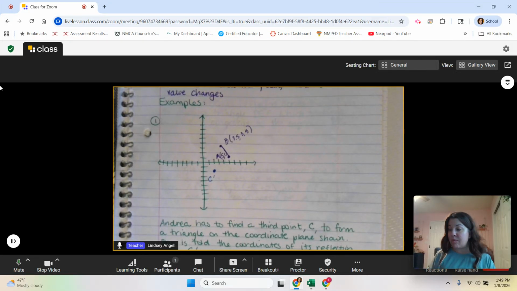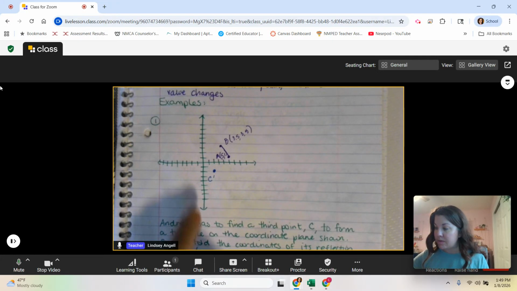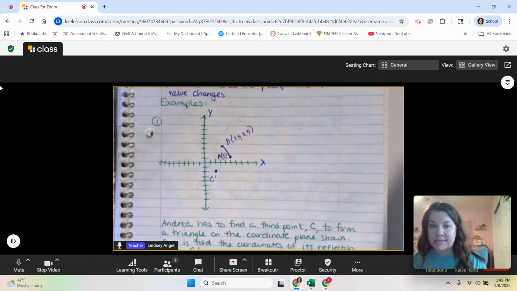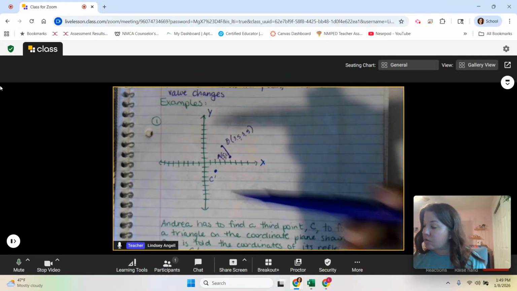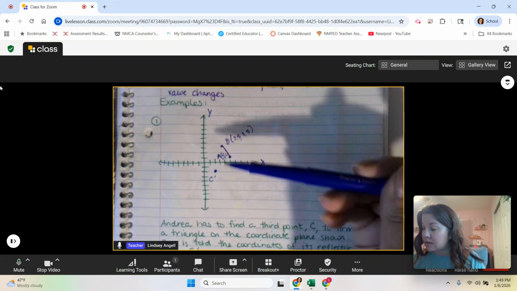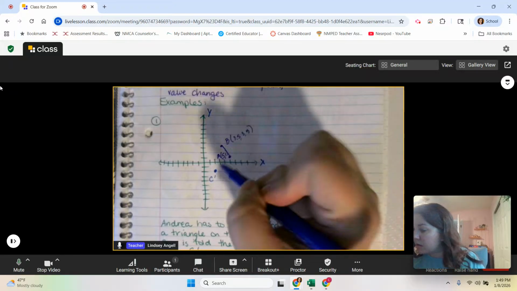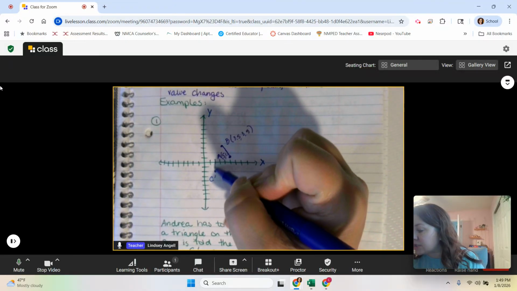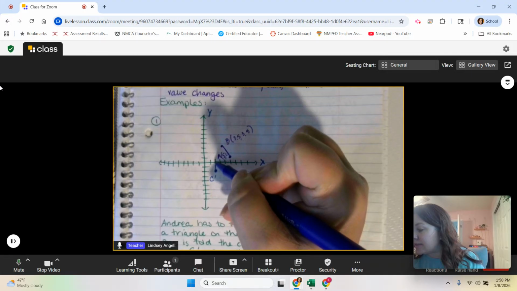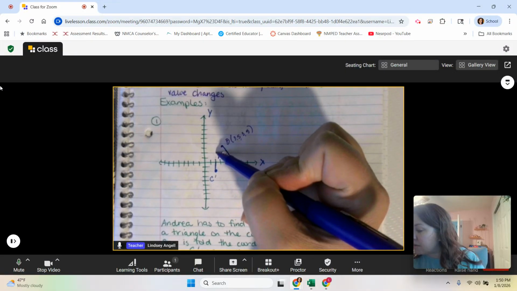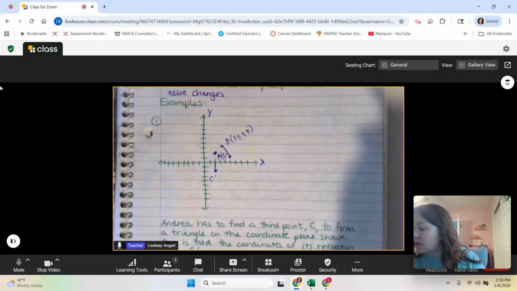Well, if it's being reflected across the x-axis, this is my x-axis, this is my y-axis. If I'm flipping it over this way, the x value doesn't change. That's going to stay true at this 2, but instead we would go up to +2 on the y value.